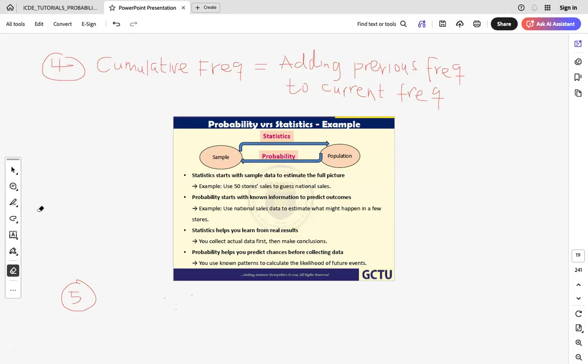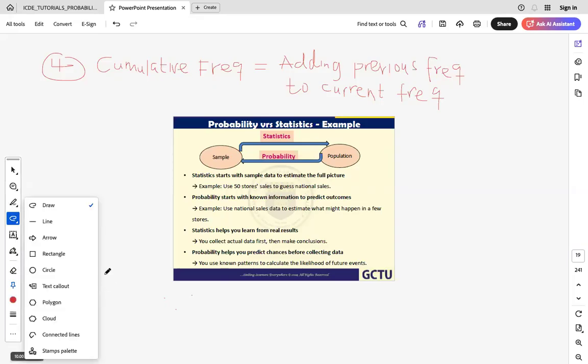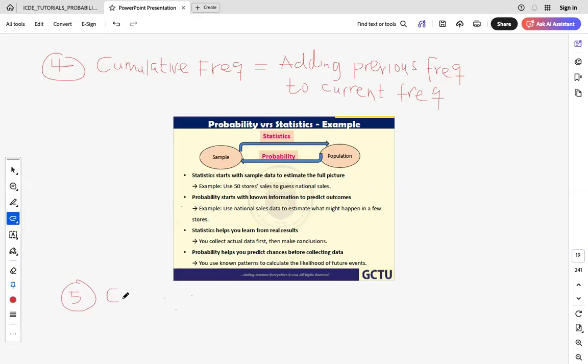So let's rewrite this one again. For the fifth component, we have the cumulative relative frequency.